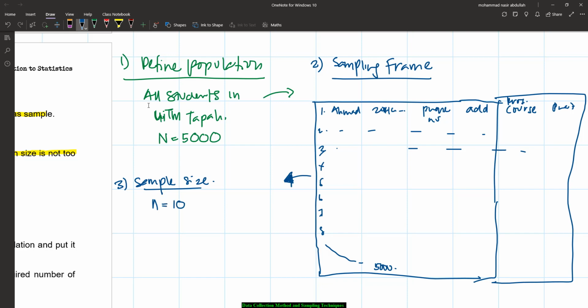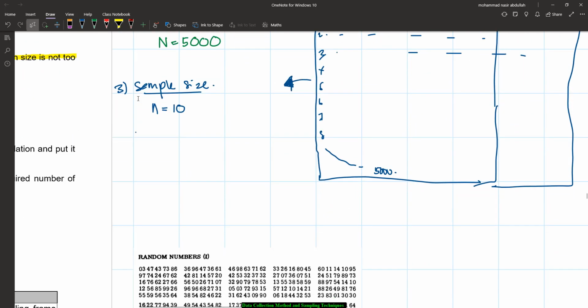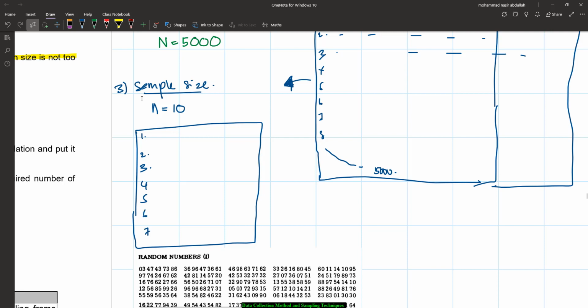We show a small example so you can understand. You want to take just 10 members, 10 sampling units, from the 5000 in the sampling frame. So this is 1, 2, 3, 4, 5, 6, 7, 8, 9, 10, to make up 10.